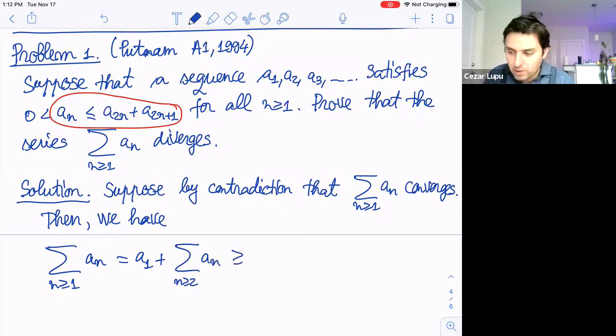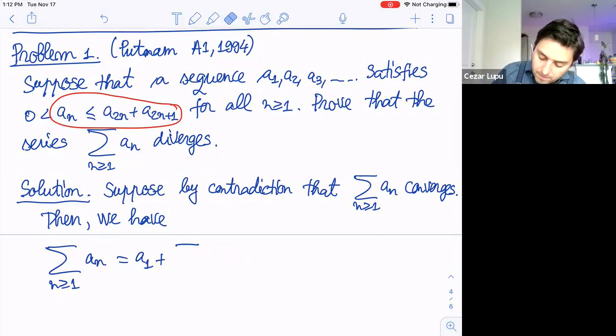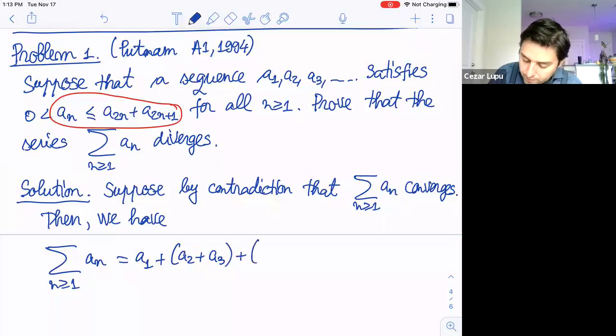But this will be greater or equal, pay attention, because now I'm going to use the fact that a_2 plus a_3 will be greater than a_1. Okay, let me write it in this way so that you can see it. a_1 plus a_2 plus a_3 plus, what else we have? So a_2 plus a_3 will be greater than a_1.